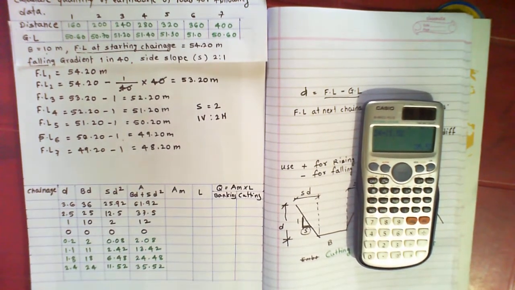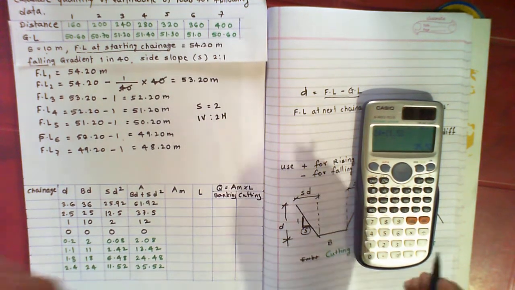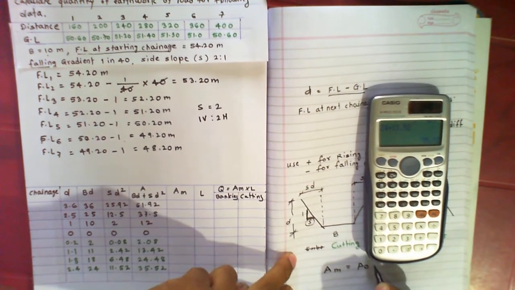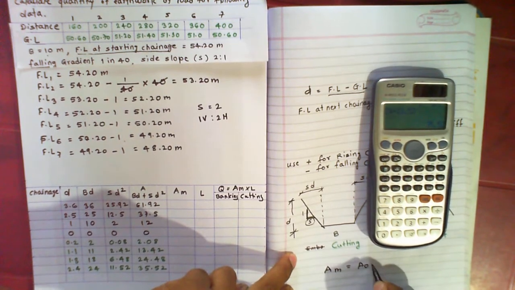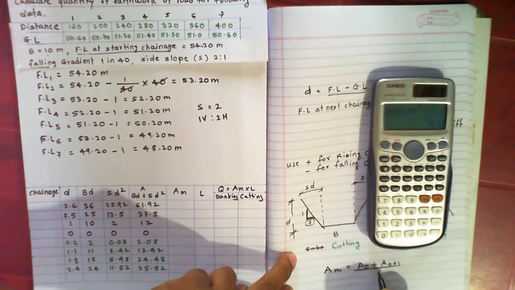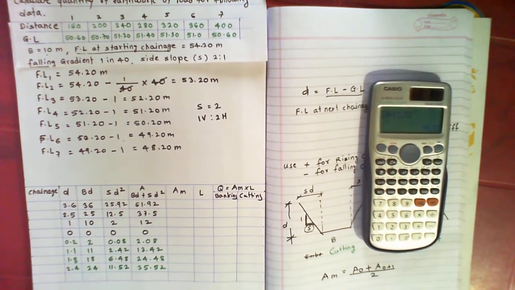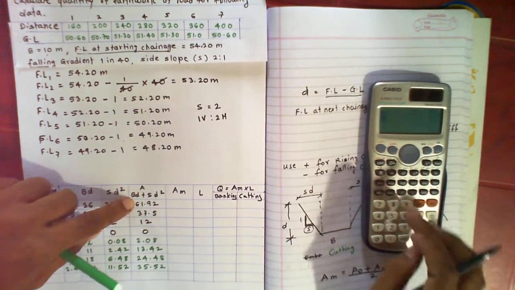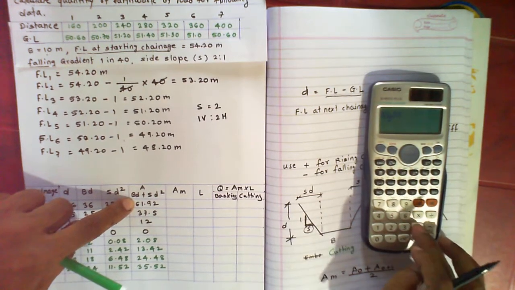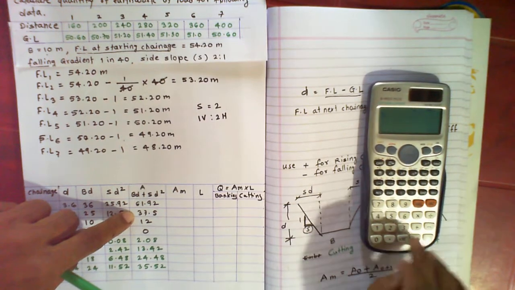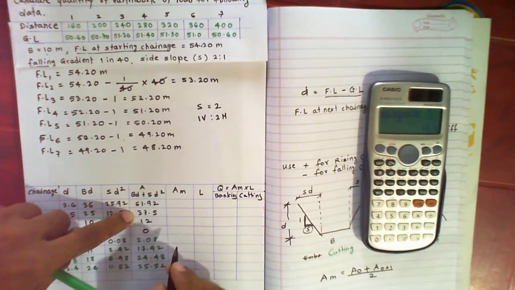Now taking averages, so we have formula for AM, that is AM is equal to first area, that is A0, and second area, that is A1, divided by 2. So we have 61.92 plus 37.5 divided by 2, we will get 49.71.